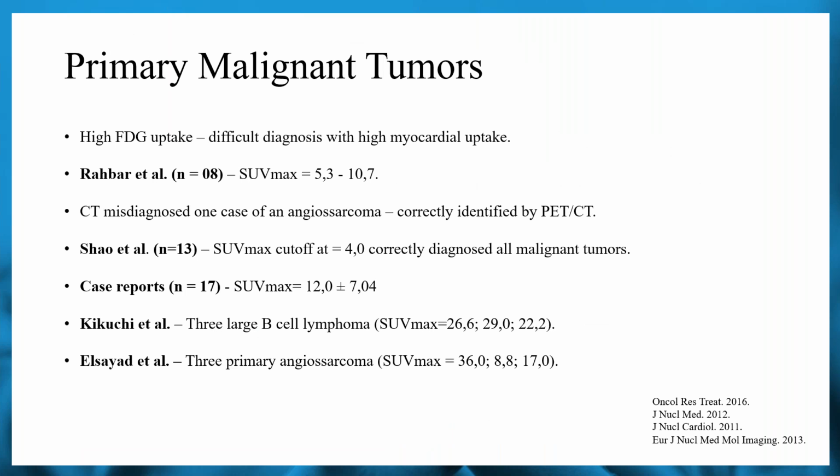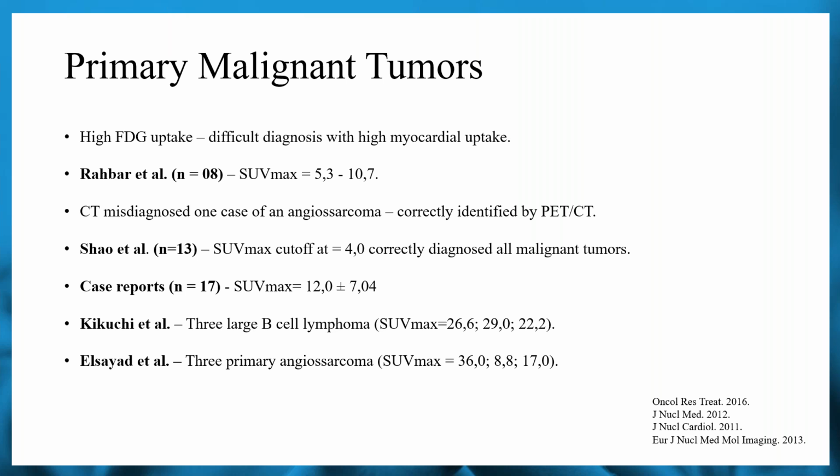About the primary malignant tumors, they usually present high FDG uptake, but as I said, the diagnosis may be difficult when there are conditions with high myocardial uptake of the FDG marker.